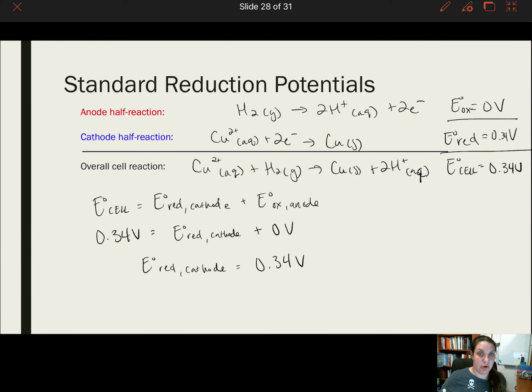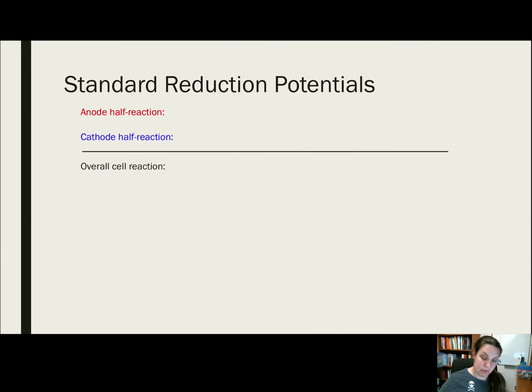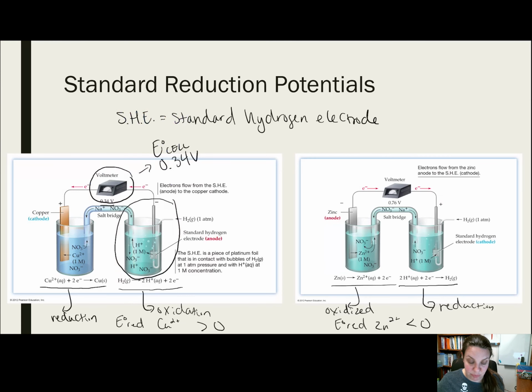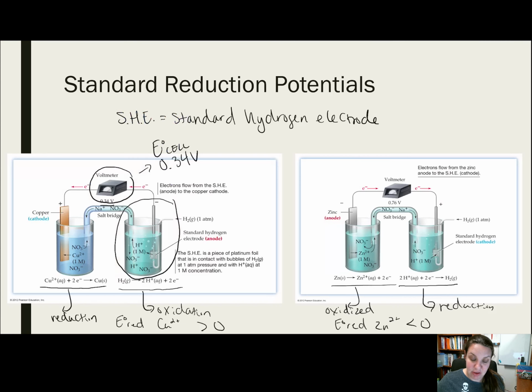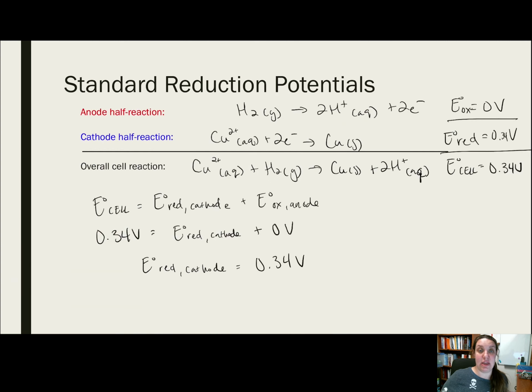Okay. We can do the same thing with the zinc. We see here when the zinc is reacting, we're going from zinc solid to zinc 2+, so it's being oxidized. So in this case, our hydrogen electrode is acting as the reductant, so it will be our cathode.